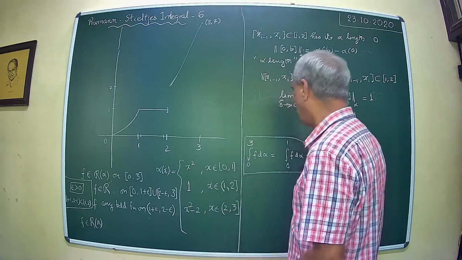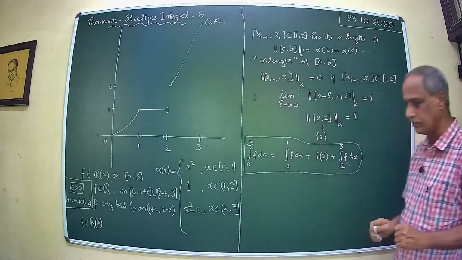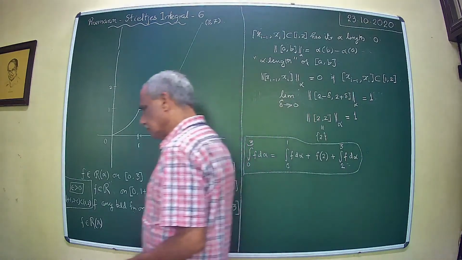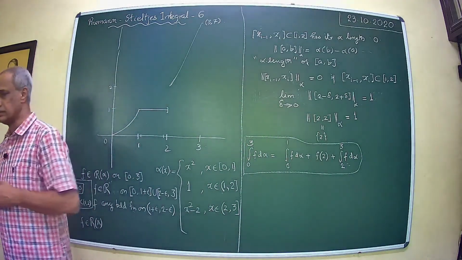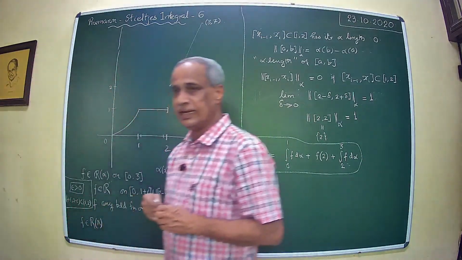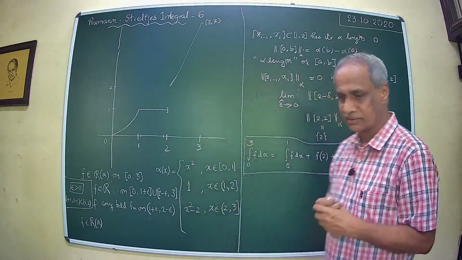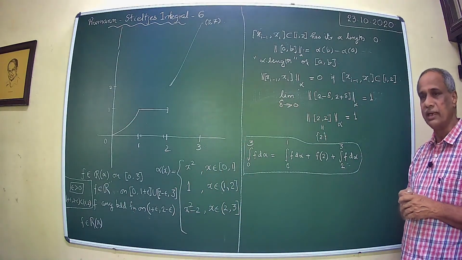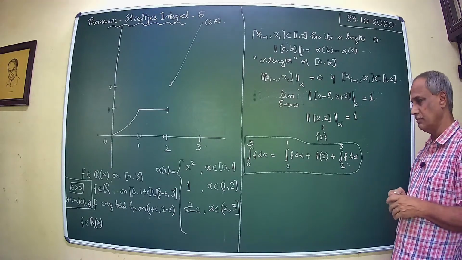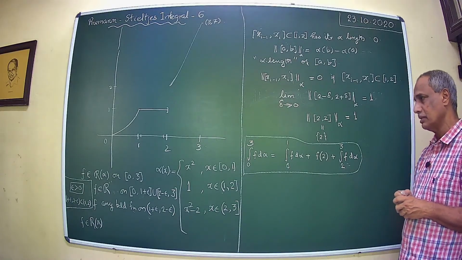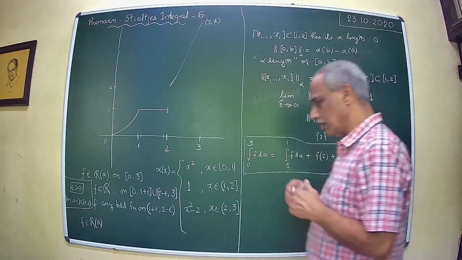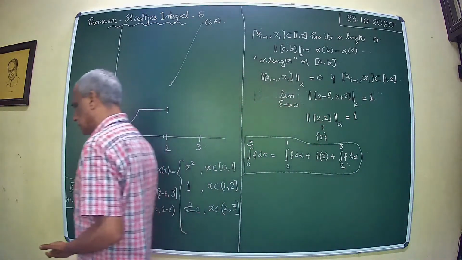So in short, what have we achieved from the usual Riemann integration? We have now generalized the length of intervals using the monotonically increasing function alpha. Okay? So a new concept of length has been introduced.